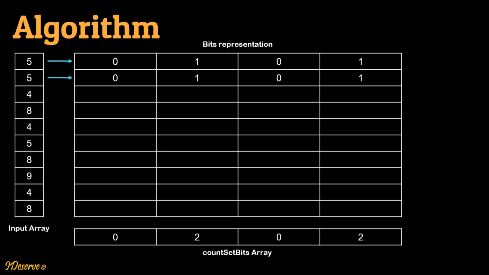So element at 0th and second index are again incremented by 1. Let's move on to next element in the input array. Next element is 4. Bits representation of 4 is 1 0 0. So we increment element at index 2 in countSetBits and it becomes 3. In a similar way, we will iterate over the remaining elements of input array and keep on populating countSetBits array.